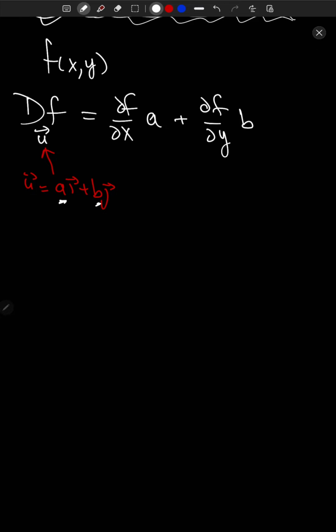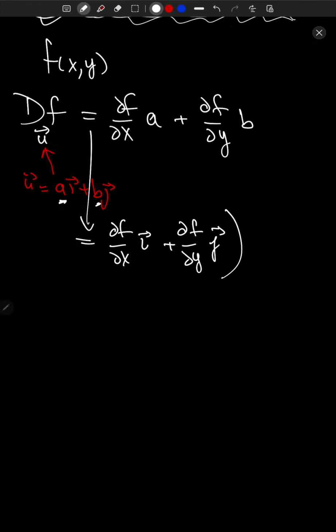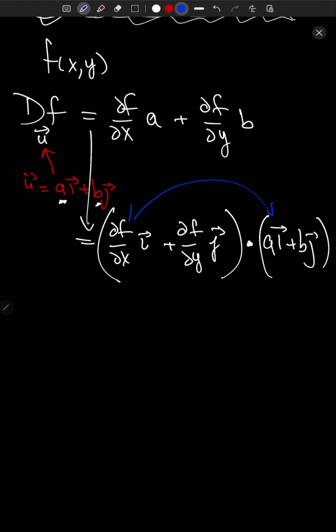Now here's the reorganization. I'm going to write this as df dx i plus df dy j, dot product with ai plus bj. Nothing really fancy happened here, because when we take the dot product, we have that times that, which is the first term, and that times that, which is the second term.